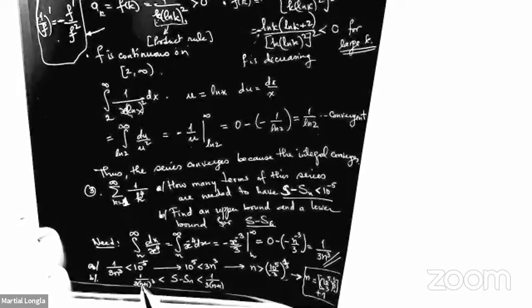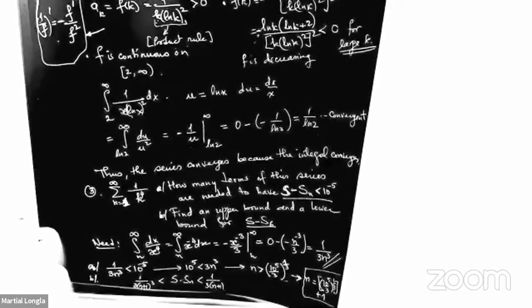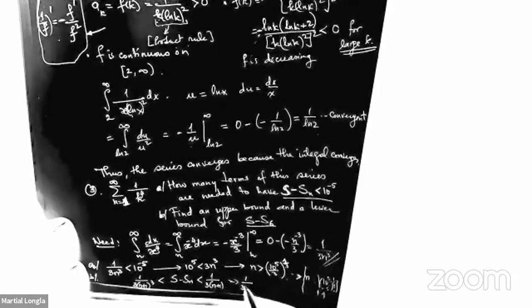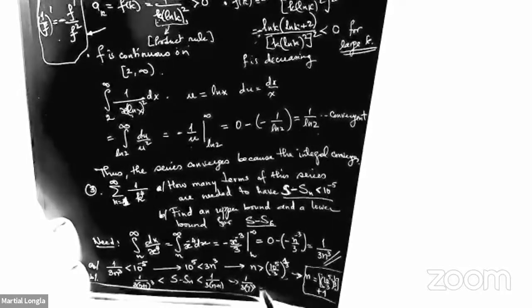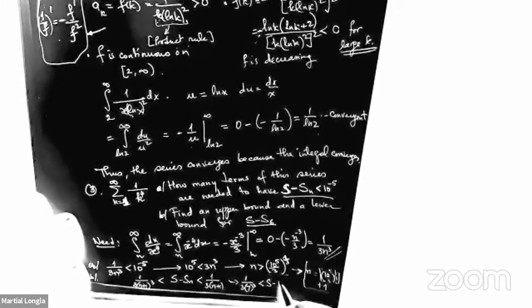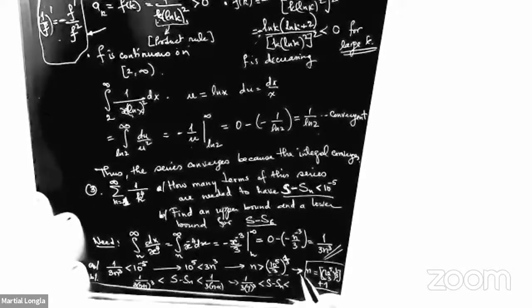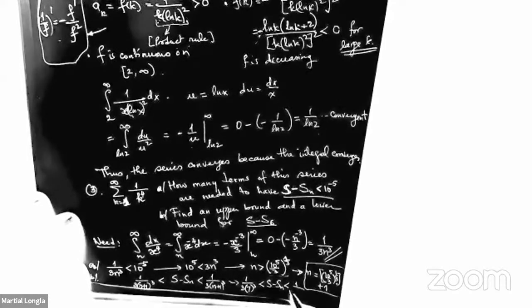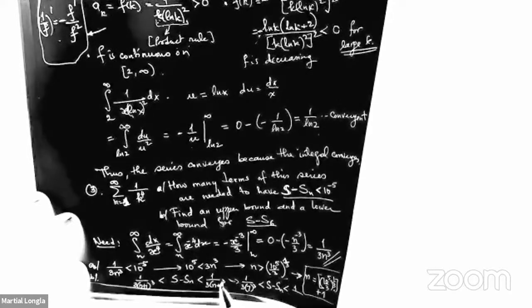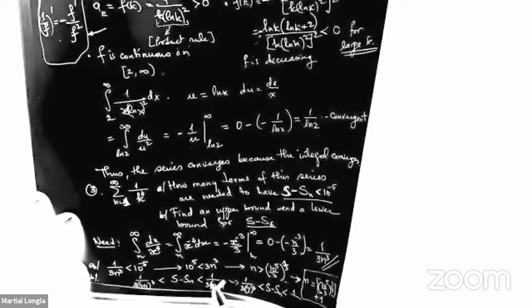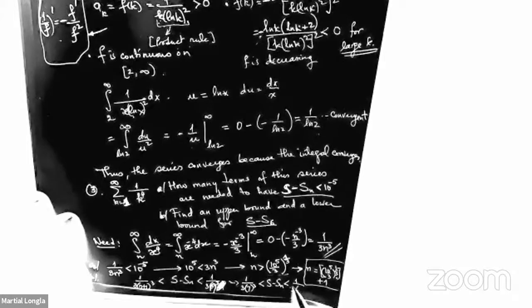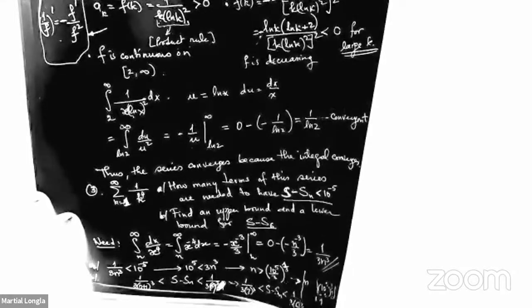So you just plug in 6 for n. So that is 1 over 3 times 7 cubed, less than s minus sn, less than 1 over 3 times 6 cubed.